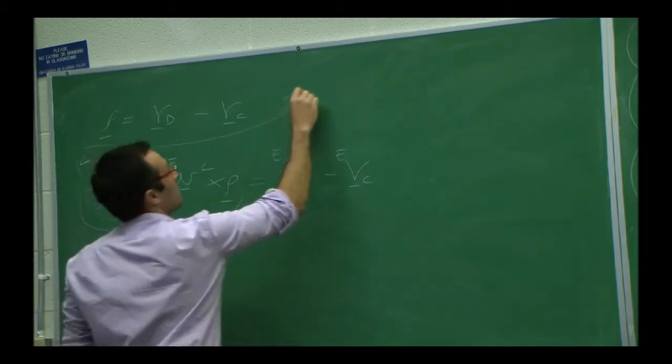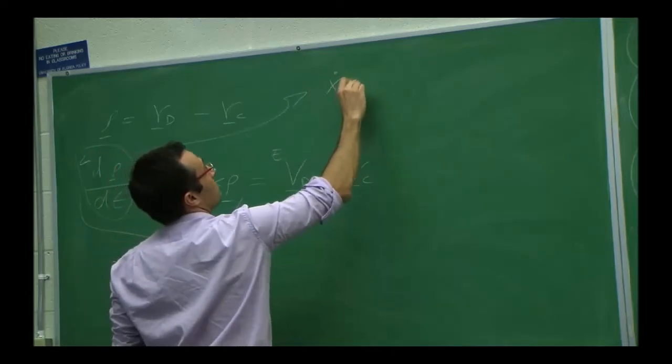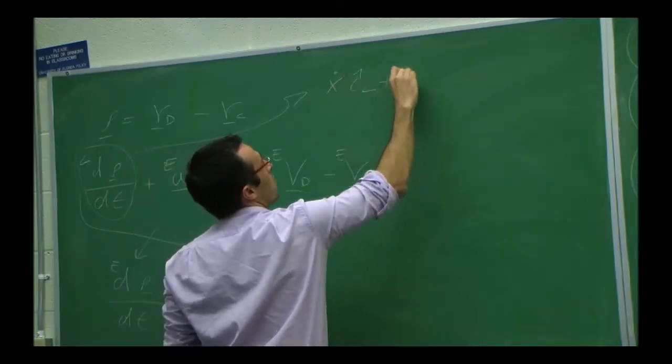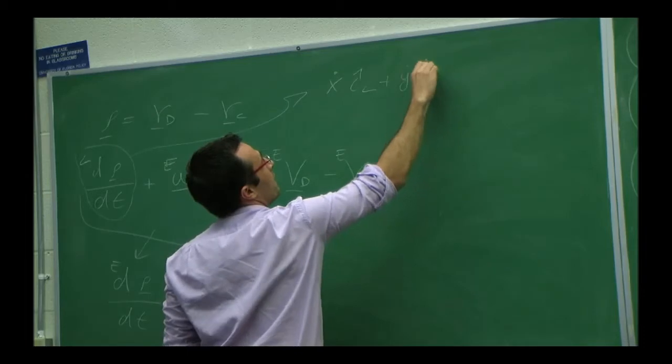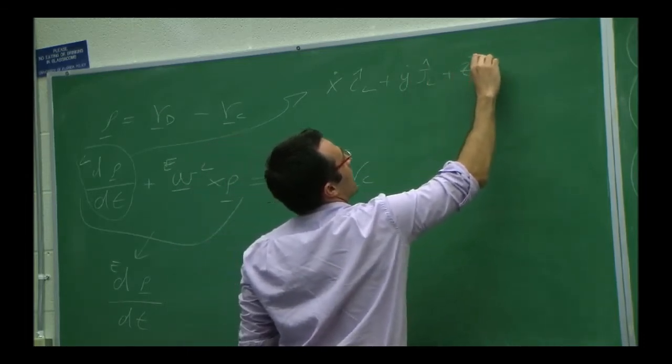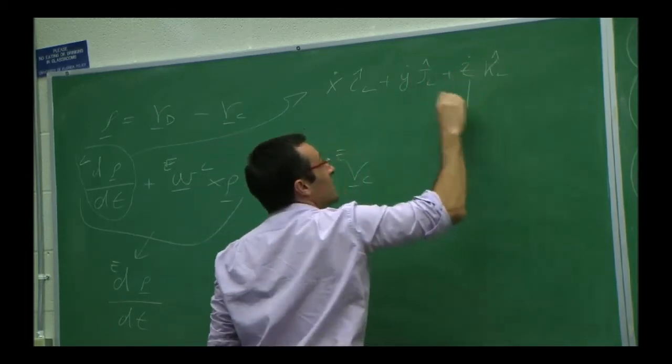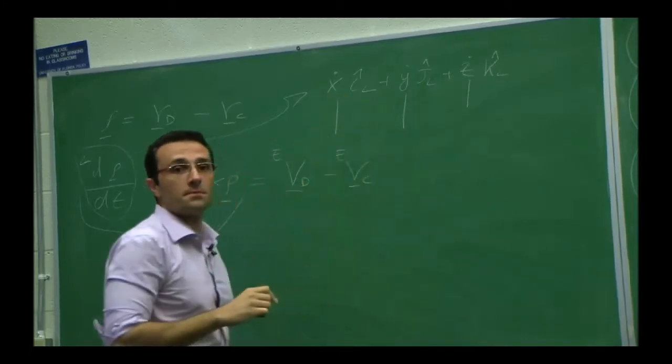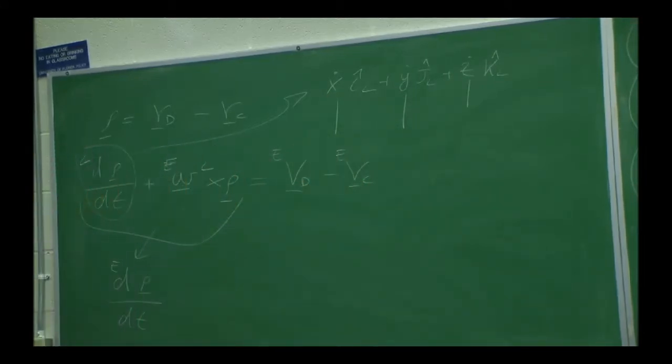So in other words, this vector is x dot i of LVLH plus y dot j of LVLH plus z dot k of LVLH, and these are the things that I want to find. Those are the pieces of information that I'm missing to give some initial conditions for CW.